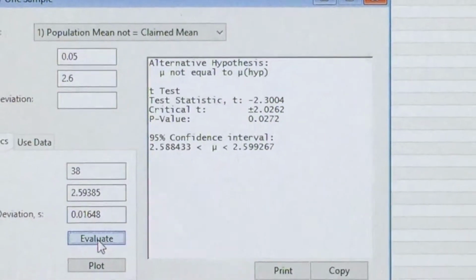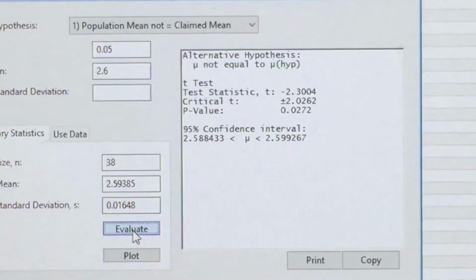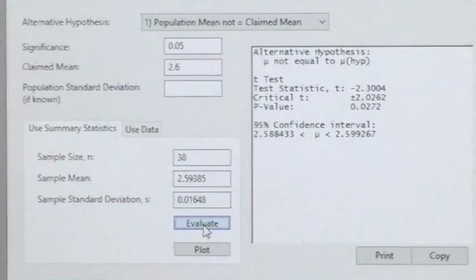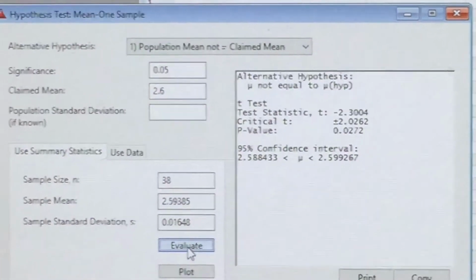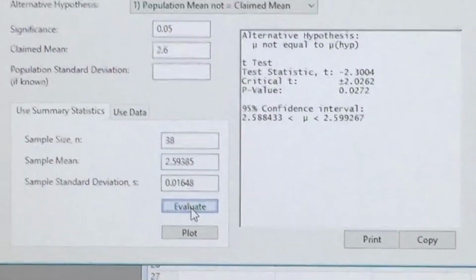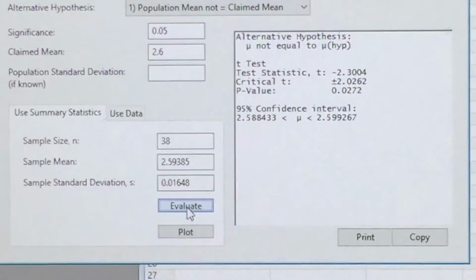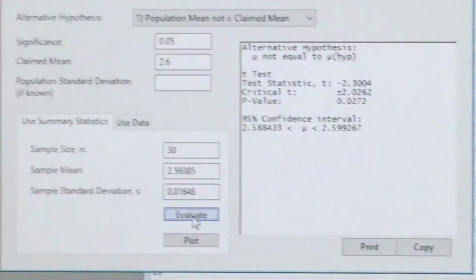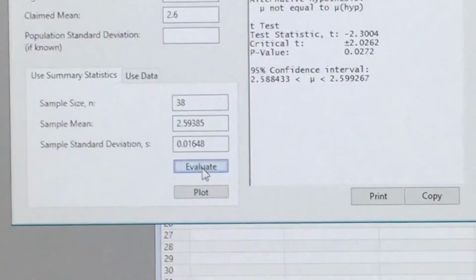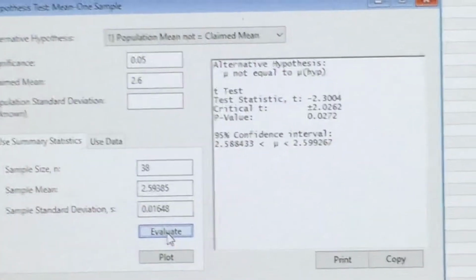Now you compare the p-value with your level of significance of 0.05, because that's the easiest to do here. You can see that 0.0272 is less than 0.05, so we can reject the null hypothesis and state that there is sufficient evidence to reject the claim that your sample is from a population with a mean equal to 2.6 grams.